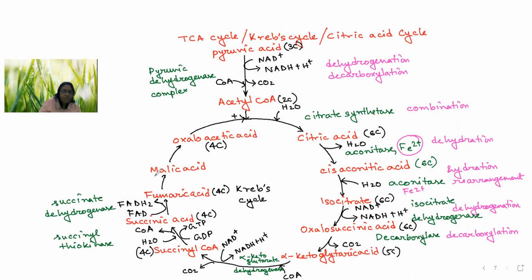Now there will be addition of water. Malic acid is also a 4-carbon acid. The enzyme which is catalyzing it is known as fumarase. It will be easy for you to remember because it is catalyzing and converting fumaric acid to malic acid. So the name is fumarase.